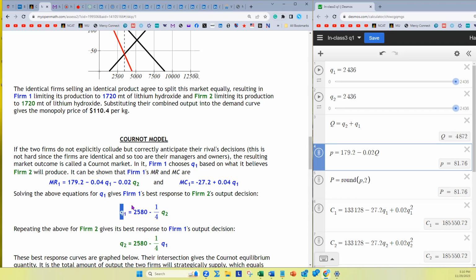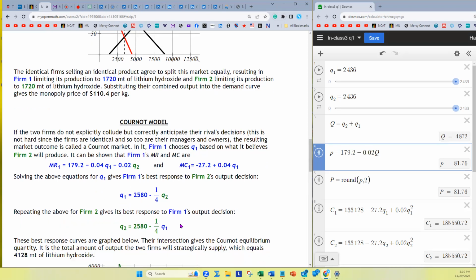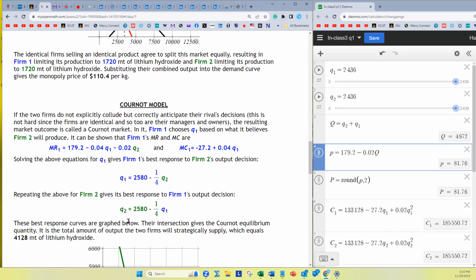Now, because these firms are identical, all we have to do to get firm two's best response curve is swap out the coefficients. So I erase one and put two down here. I erase two and put one down here. And then this is firm two's best response to firm one's decision. So firm one does this, firm two will do that.